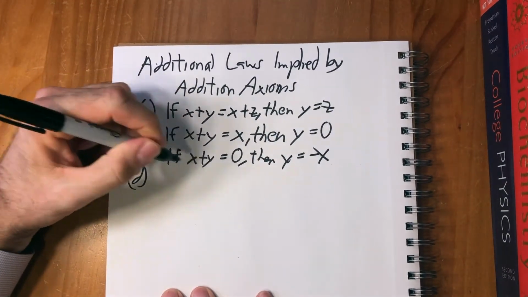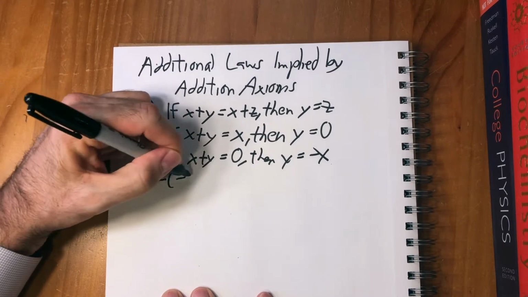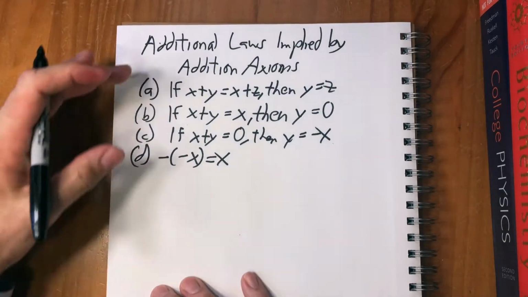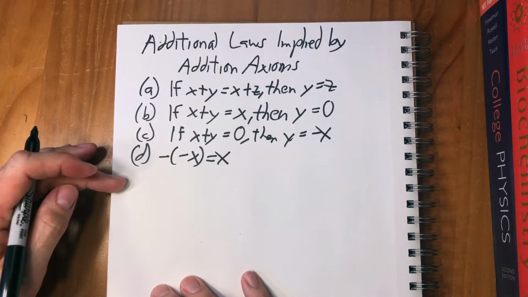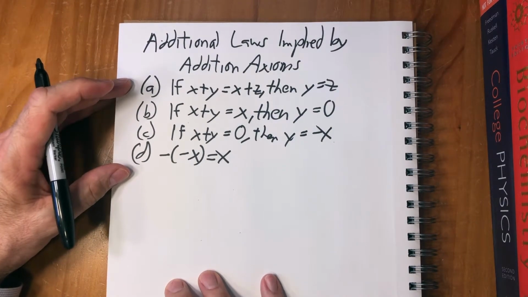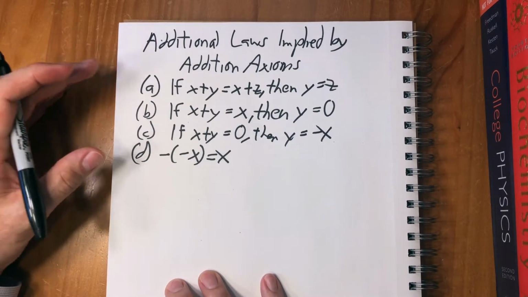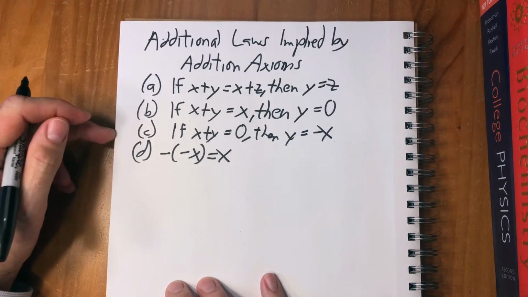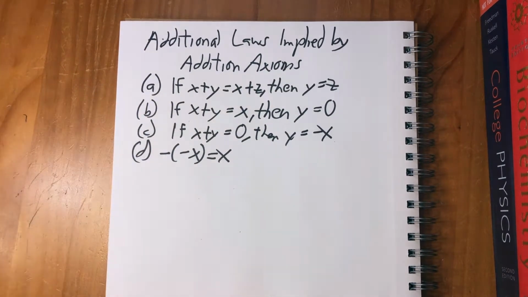And D is that the opposite of the opposite of x equals x. So again, every one of these is obvious, but they're actually not required for your set to be a field, because you can deduce all of these from the field properties that we have defined.